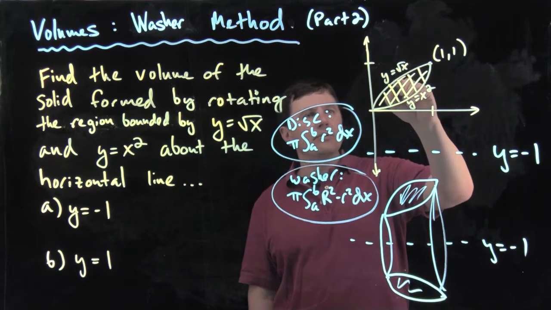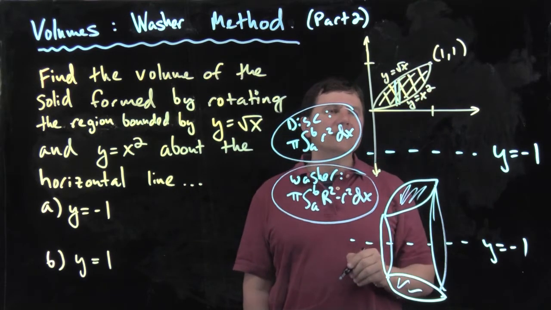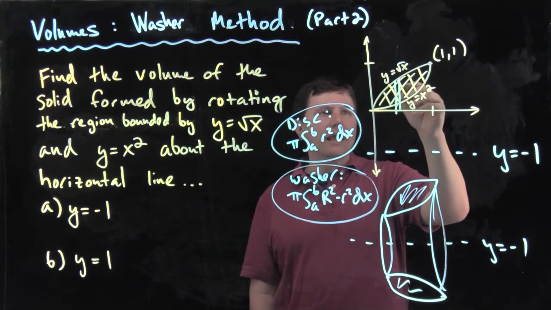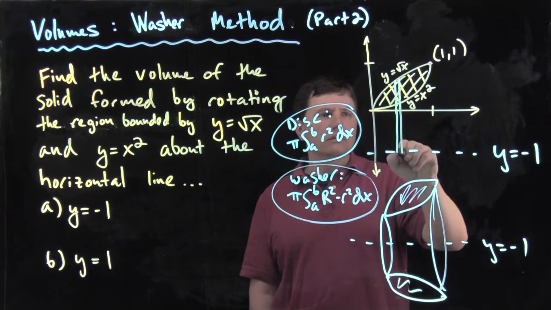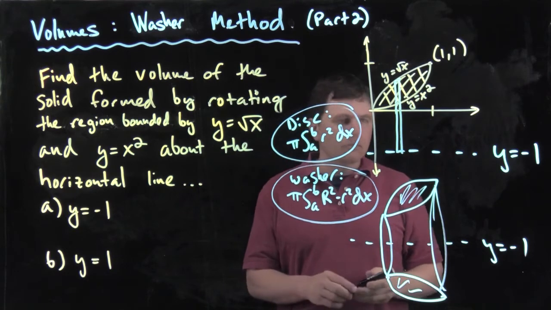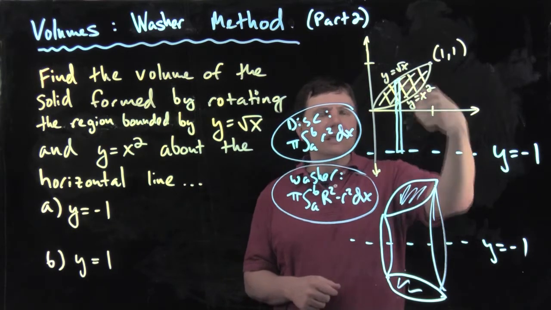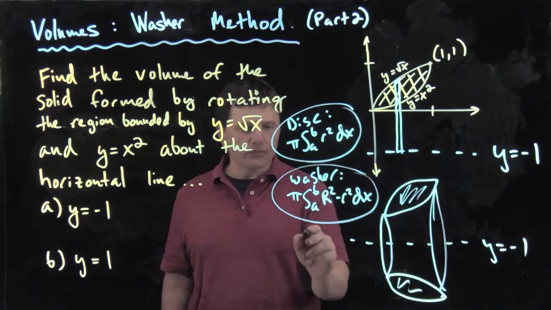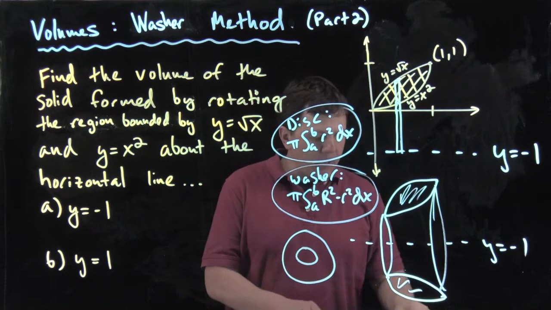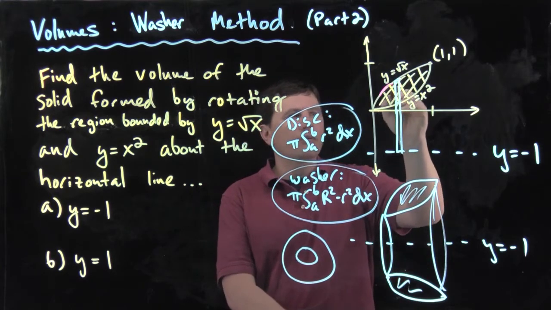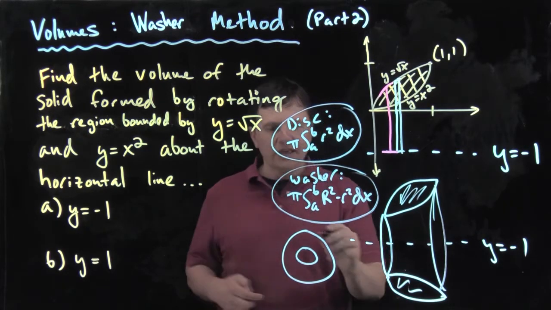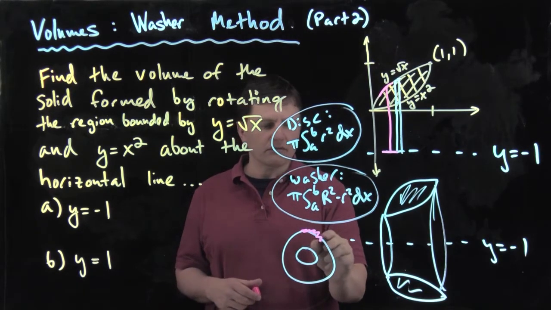We're going to slice this up an infinite number of times. So if we think about taking this thing and putting it out here, we're going to have a washer, all right? And the big R is going to come from here to our axis of rotation, with a thickness of dx.